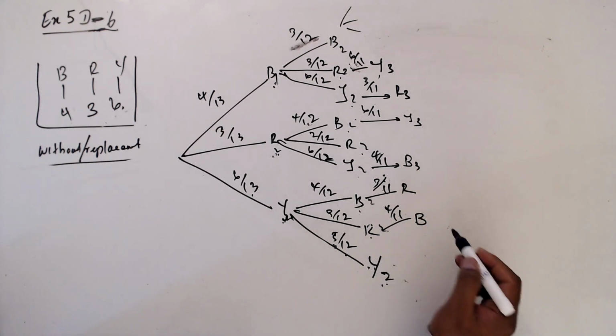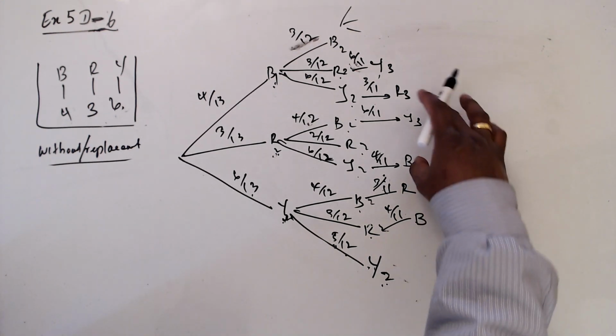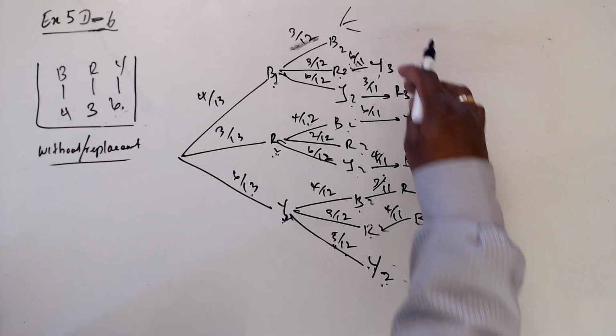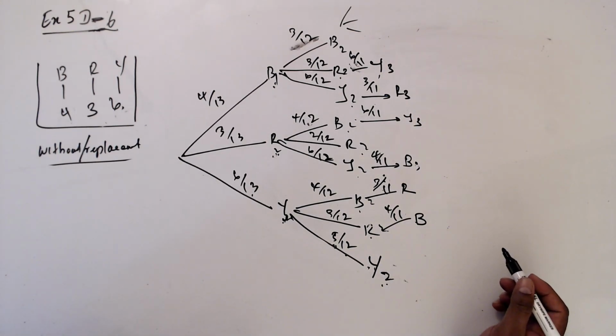Let me double check again. Yeah, blue is 4 out of 11, red is 3 out of 11, and Y3 yellow is 6 out of 11. That's fine.